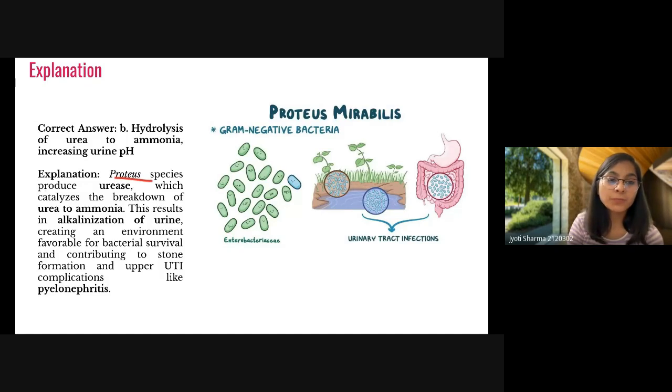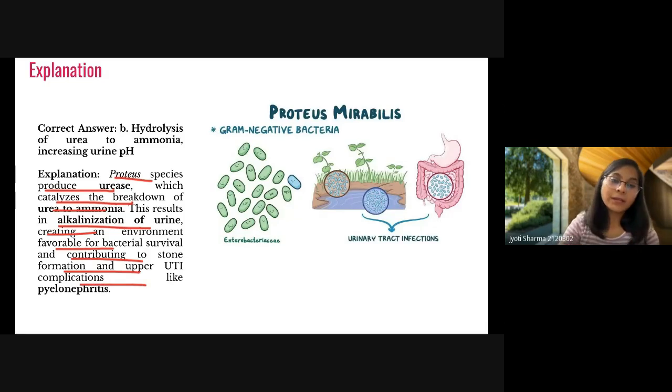Proteus species produce urease, so it secretes the enzyme known as urease, which catalyzes the breakdown of urea to ammonia. This results in alkalization of urine, creating an environment favorable for bacterial survival, and contributing to stone formation and upper UTI complications.